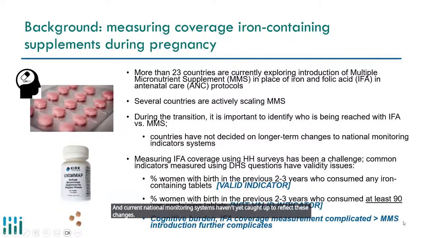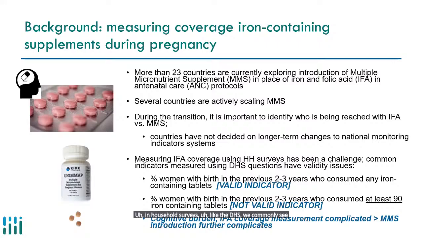In household surveys like the DHS, we commonly see indicators such as percent of women who took any iron-containing supplement, which is a valid indicator, and percent who took at least 90 tablets, which is not valid, partially due to recall issues.